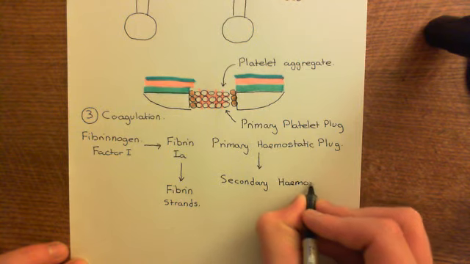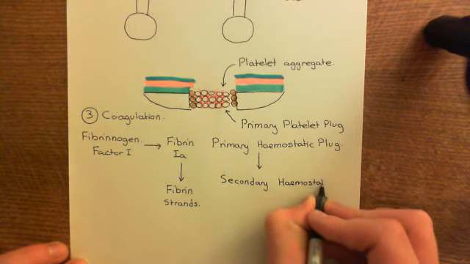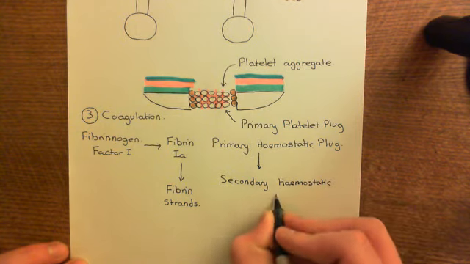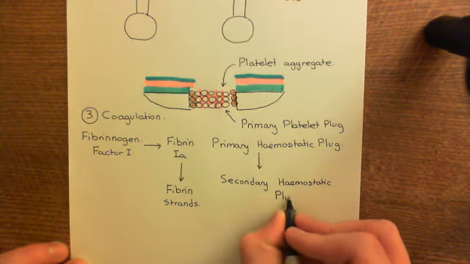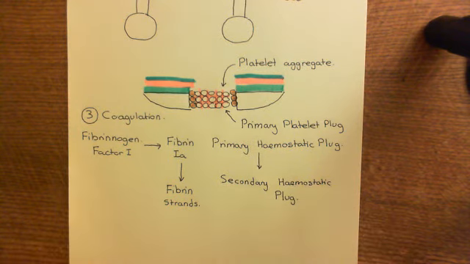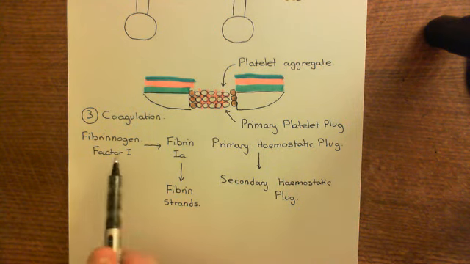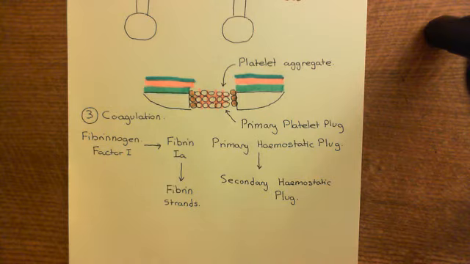These secondary hemostatic plugs are far stronger than the primary hemostatic plugs. So the fibrin meshwork around the platelets is essential for creating a strong, viable plug in the hole in the blood vessel. And we'll discuss the process by which you activate the conversion of fibrinogen into fibrin in the next video.